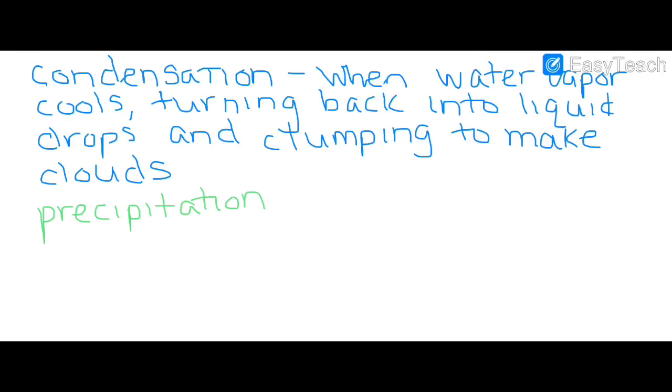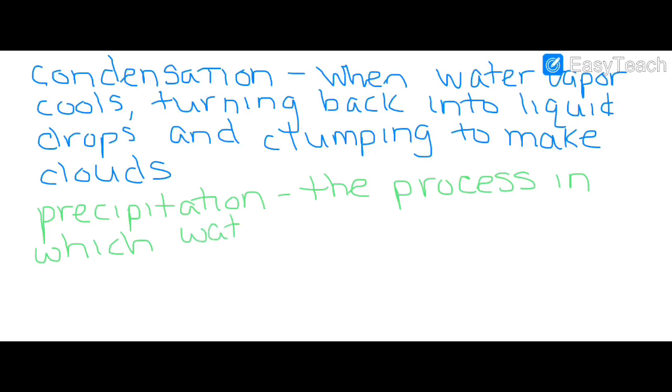The process in which water, and remember it could be rain, hail, sleet, or snow, falls from the clouds toward the ground.